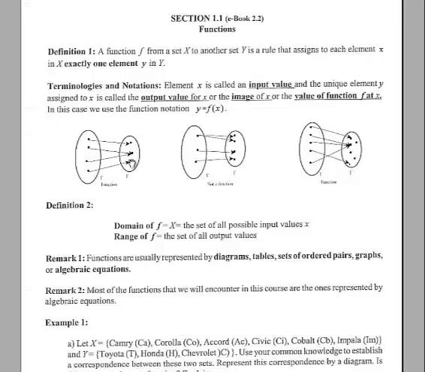A function is a little bit more specific than just assigning a first element to a second element, in that each first element assigned only goes to one element in the range, the second set.